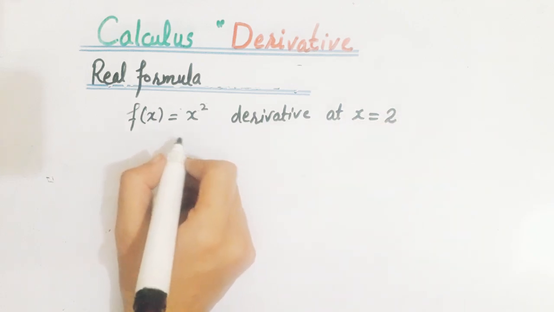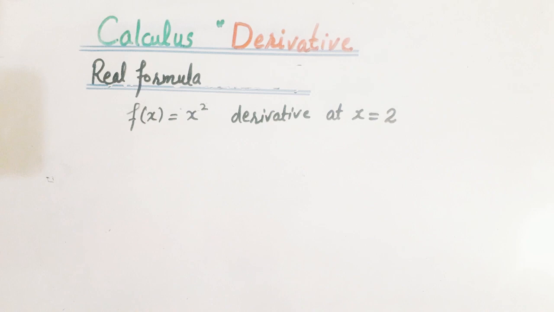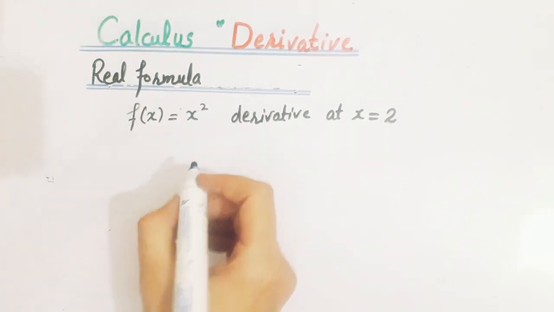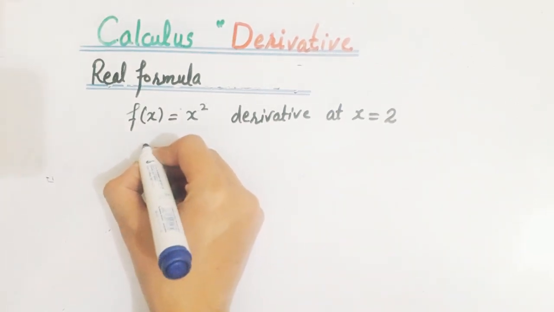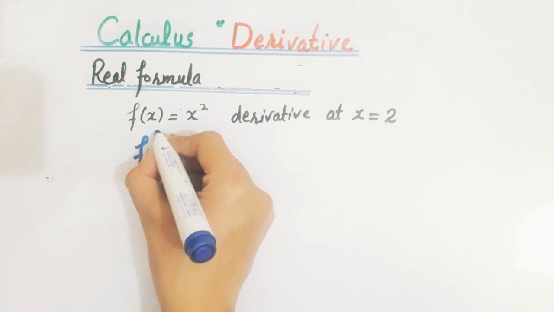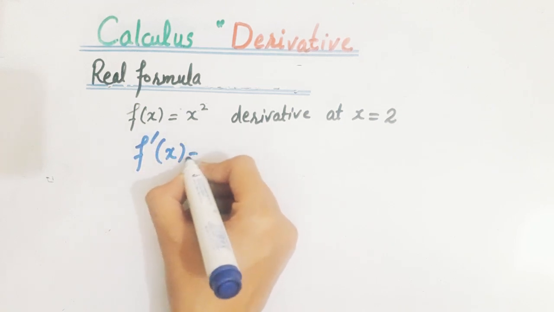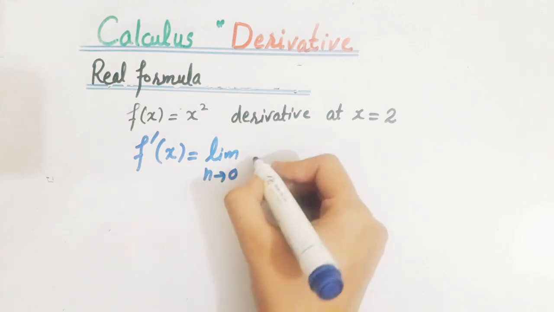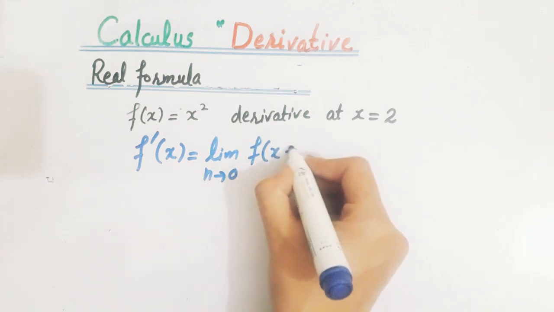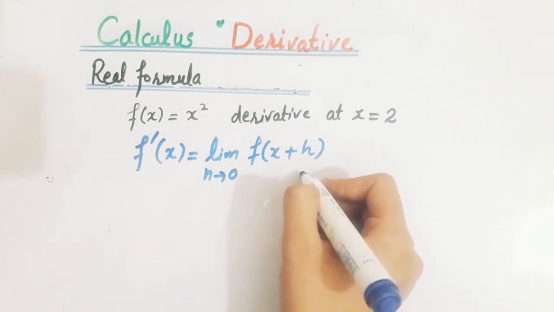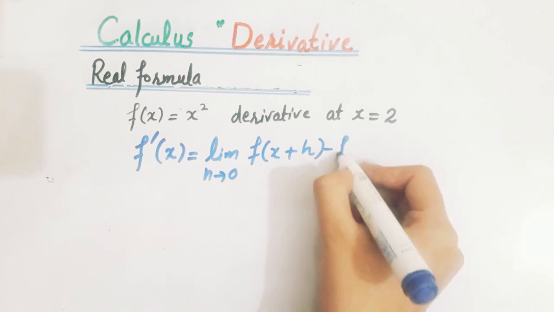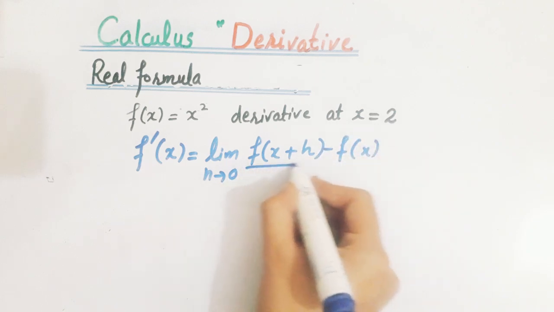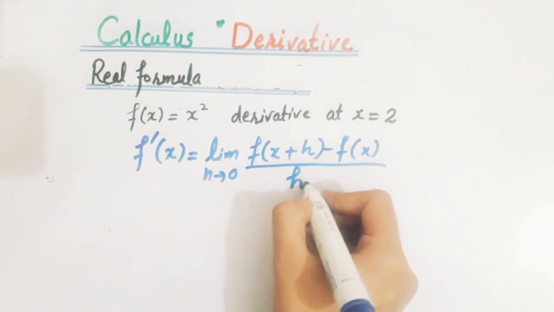So we will use the formula. The formula is: derivative f dash of x equals limit h approaches 0 of f of x plus h minus f of x, divided by h.